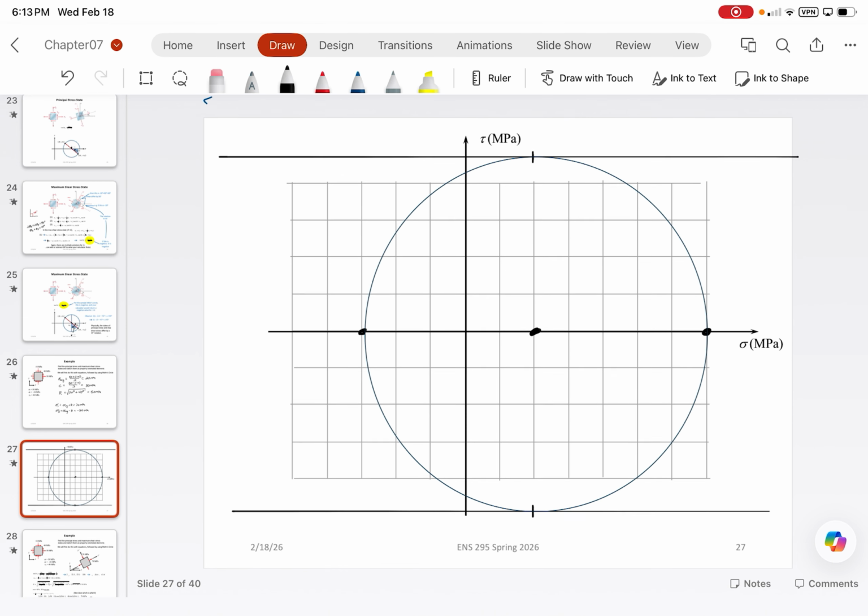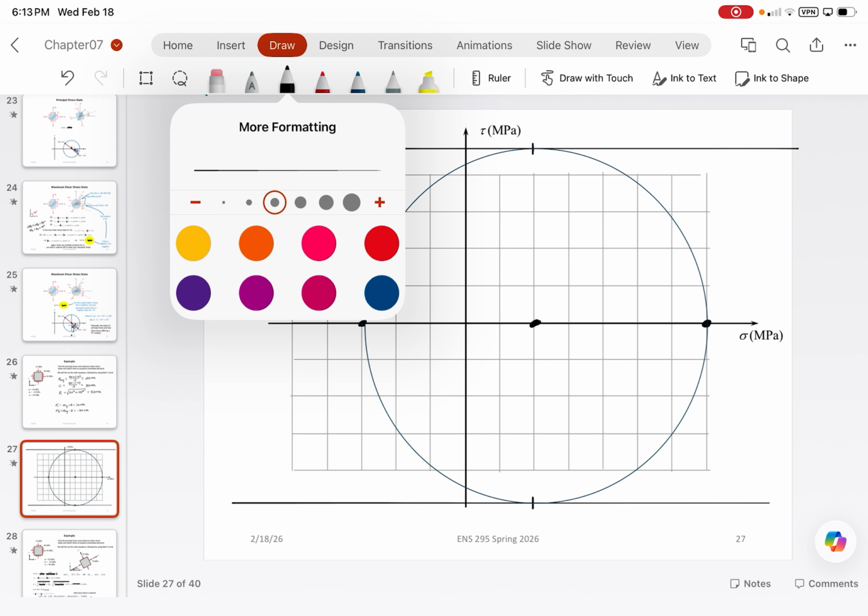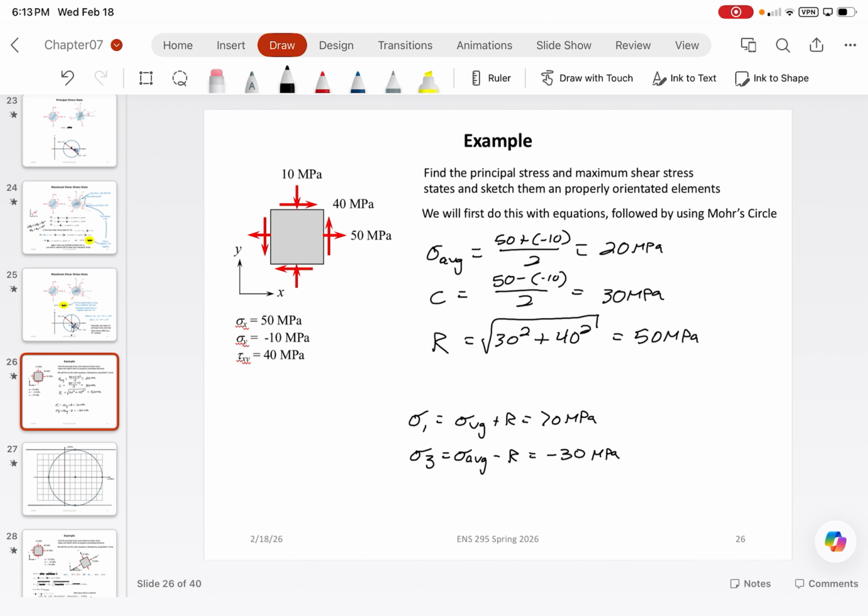So our radius of the circle is 50. Our original stress state is going to be sigma x, comma, tau xy, and then sigma y, comma, negative tau xy.